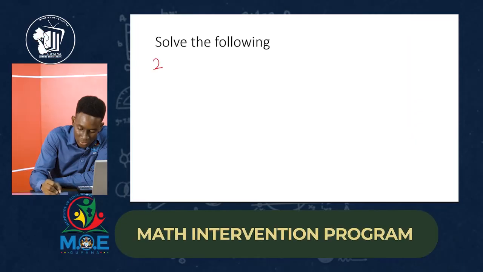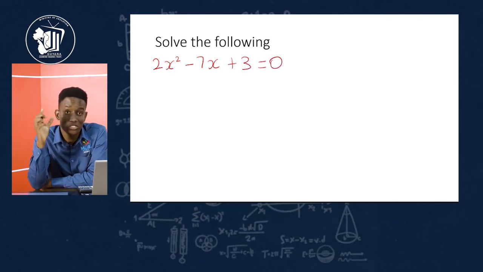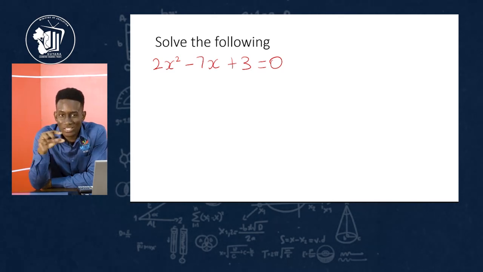Solve the following: 2x squared minus 7x plus 3 is equal to 0. The instruction is to solve this equation. We can see this is a quadratic equation because it's in the general form.